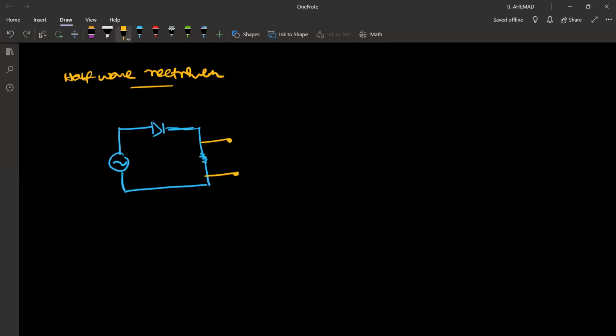We know that the input is going to have a sinusoidal signal which will alternate with time in the positive and the negative direction. So here, when the positive half cycle is the input, let's say the direction of current is in this direction.